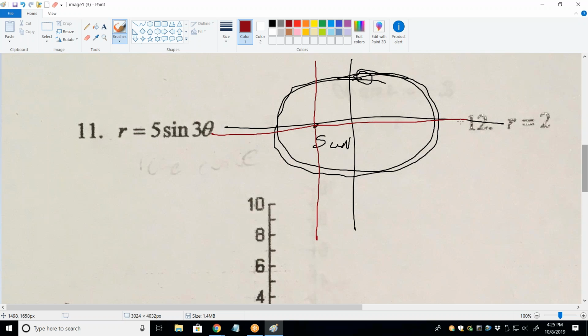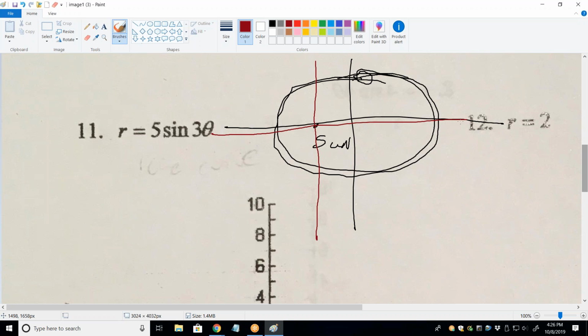So you probably want to memorize what cardioids look like, what circles look like, what straight lines look like, what lemniscates look like, a limaçon without an inner loop or a limaçon with an inner loop. I have notes on those. Okay. I would suggest memorizing those.